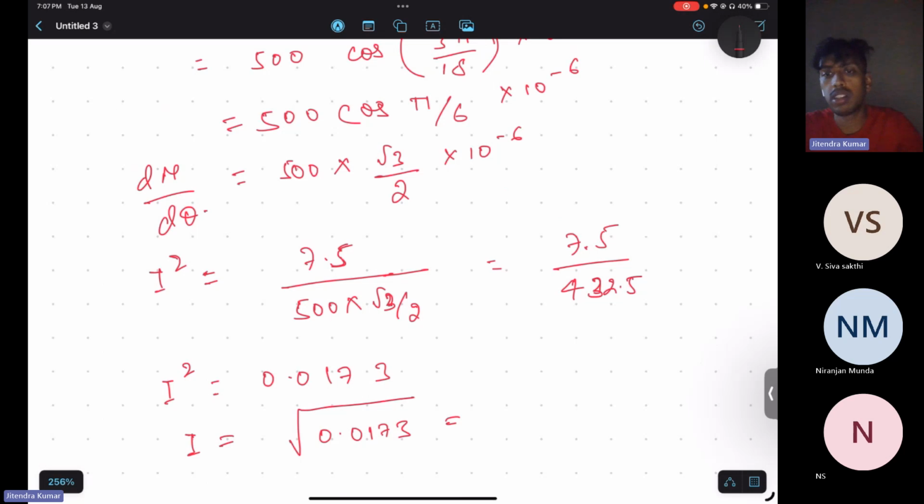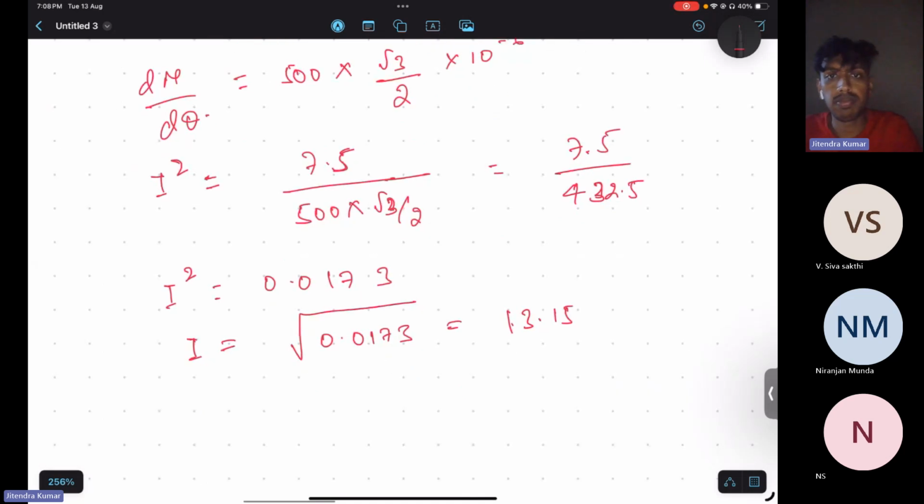Under root of 0.0173. Let me use the calculator. 0.0173. So it is 13.15.